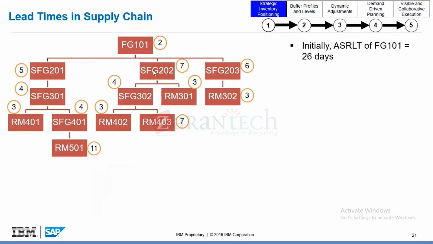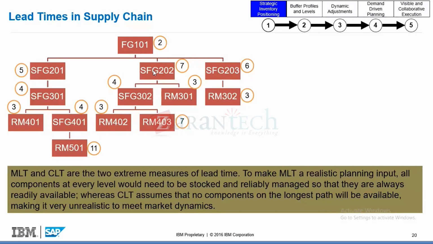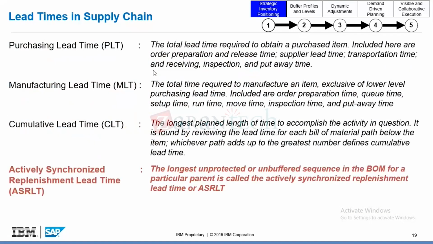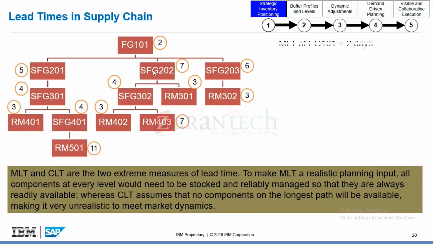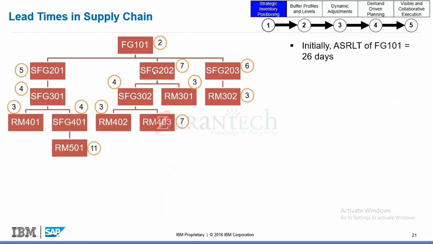So initially your ASRLT, the last terminology which we used, actively synchronized replenishment lead time. So for FG initially we find that ASRLT is 26 days, that is the maximum. So maintain some stock of, say, RM 501, which has the highest lead time. So that is our decoupling point.